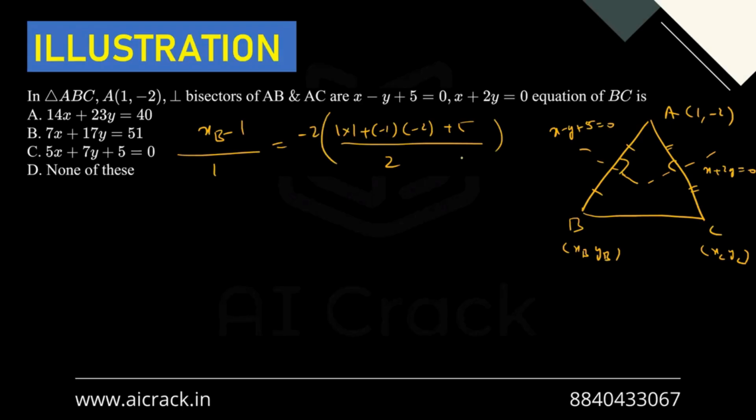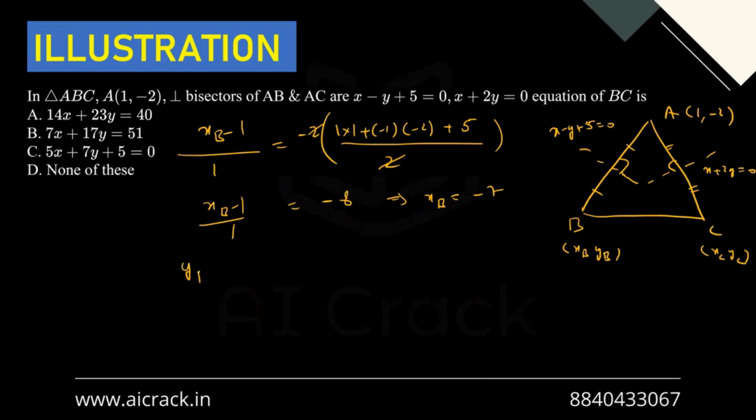So this constant comes out to be 1 plus 2 plus 5, so basically 8, and this 2 gets cancelled out. So we get minus 8. So (xb minus 1) by 1 equals minus 8. So xb equals minus 8 plus 1, that is minus 7.